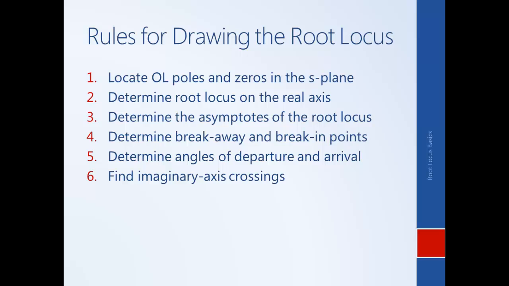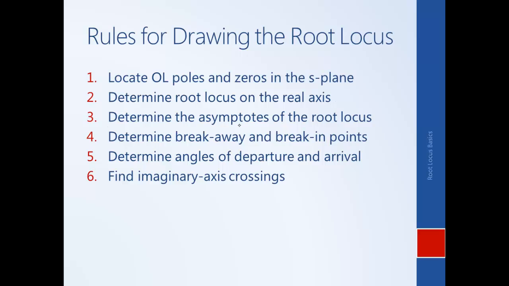So in general, the rules for drawing the root locus, which derive from that angle condition and that magnitude condition, are the following. First, we locate open loop poles and zeros in the s-plane because they define where our locus starts and ends. We then determine the root locus on the real axis.